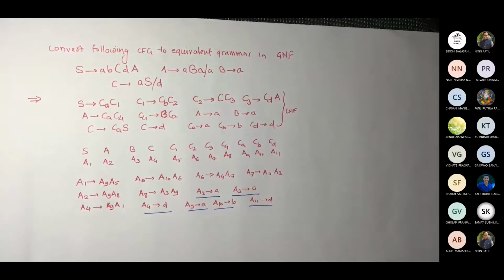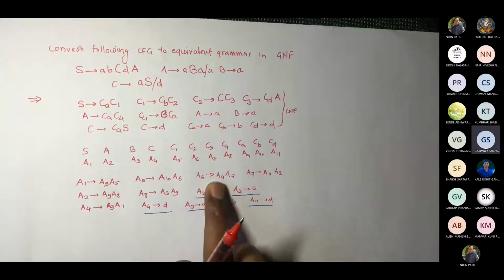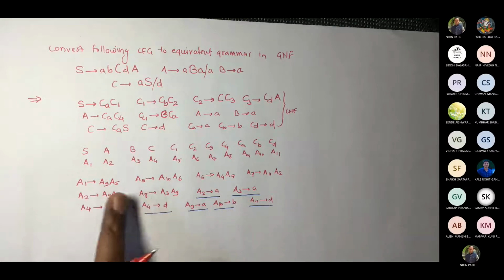Now we have to pick one by one. Which production is there which has the left side higher than the right side? Do you see any one of them? A6. A6 gives A4, correct? The rest of them are in the required form, because if you have A1, A2, then you don't consider them.